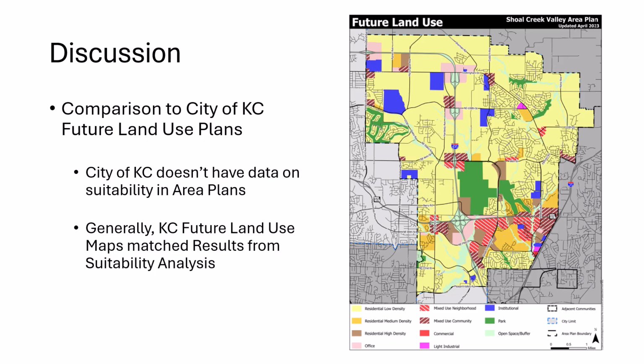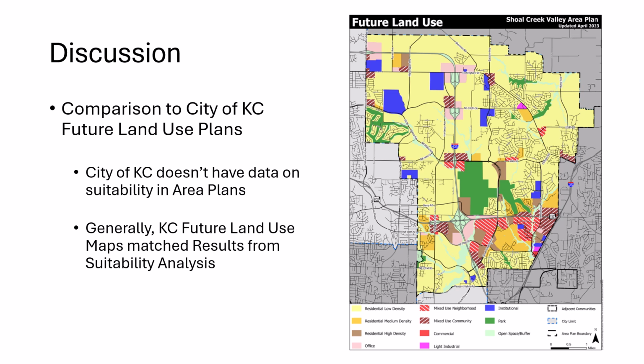One of the things I did following this analysis and looking at the results, I compared my analysis with the City of Kansas City's future land use plans for their sub-area plans. Now, it's difficult to do a one-on-one comparison because their future land use plans don't look at suitability, but rather just prescribed future land use.